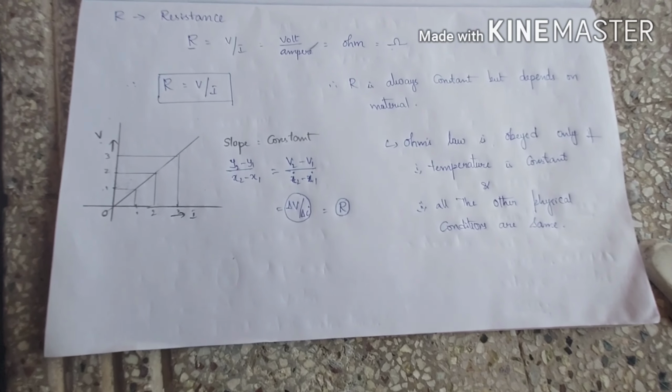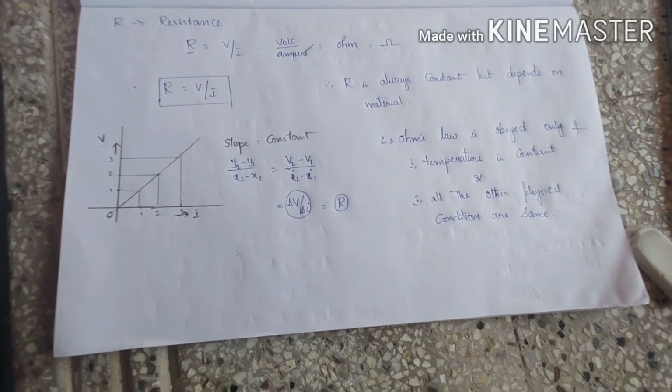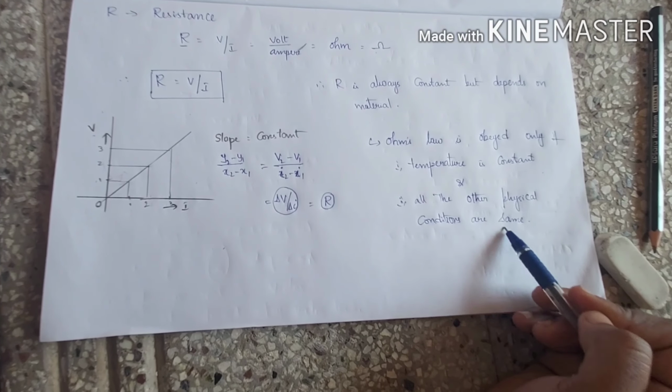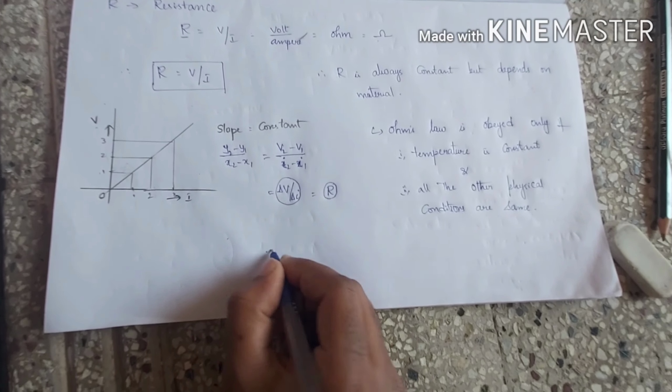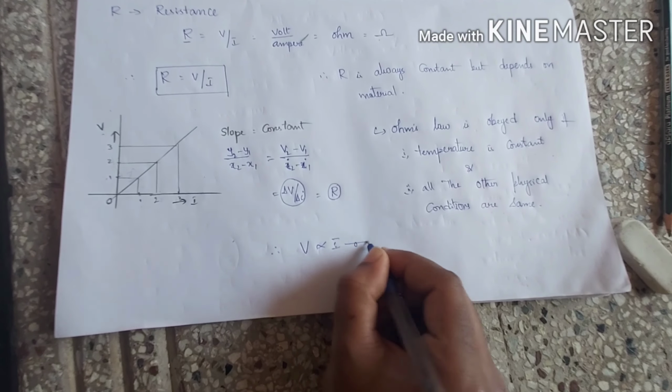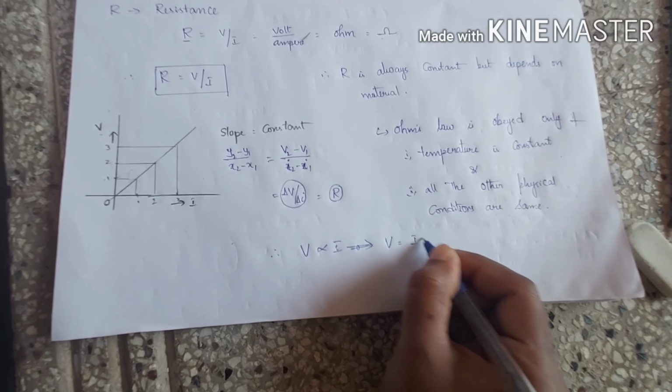So when you write the statement for Ohm's law: the potential difference across the ends of a conductor is directly proportional to the current flowing through it only if the temperature is constant and all the other physical conditions are the same. Therefore, V is proportional to I, which implies V equals I into R.